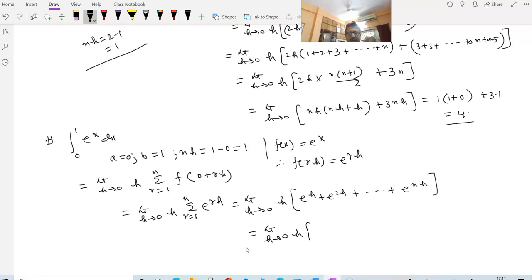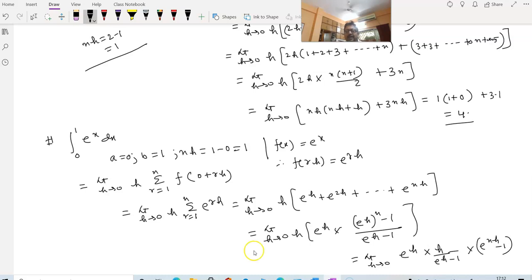H multiplied by e to the power h, you take common, e to the power h, this divided by, now if you simplify it, it's going to be e to the power h into h by (e to the power h minus 1).